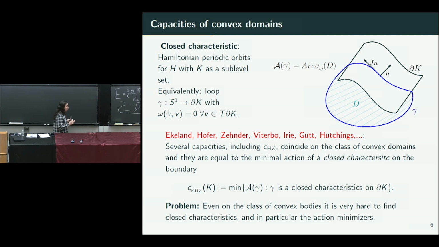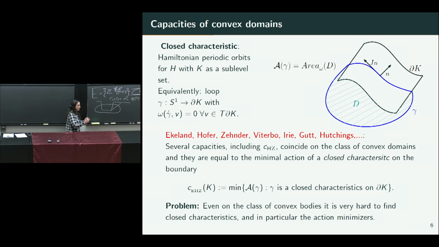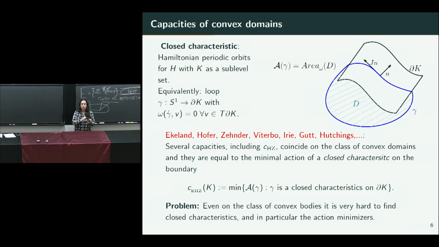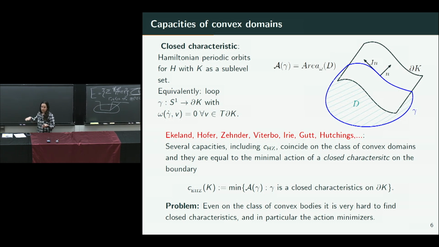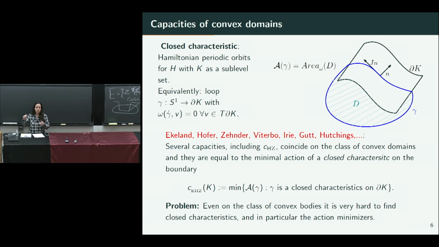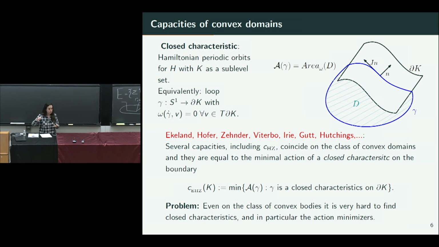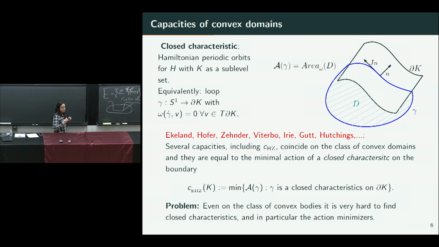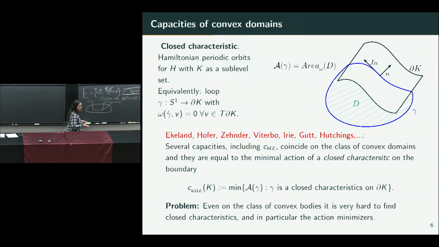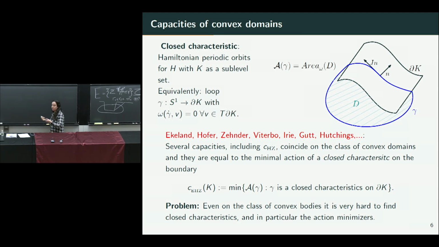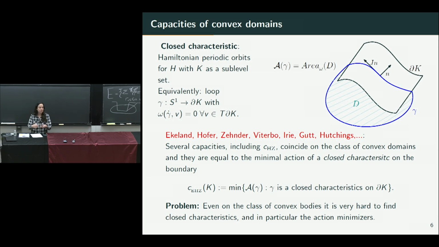But if I have one convex domain and another, and I can symplectically embed one in the other while not preserving the convexity, so now I don't have an embedding of convex domains, showing that it remains monotone is actually a very hard thing to show and non-trivial. And the only proof I know for that fact is by showing that this quantity coincides with other capacities when we are at convex domains.